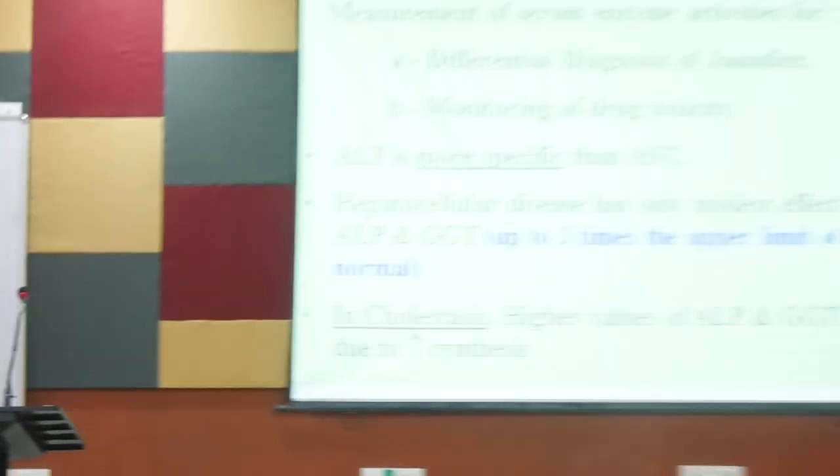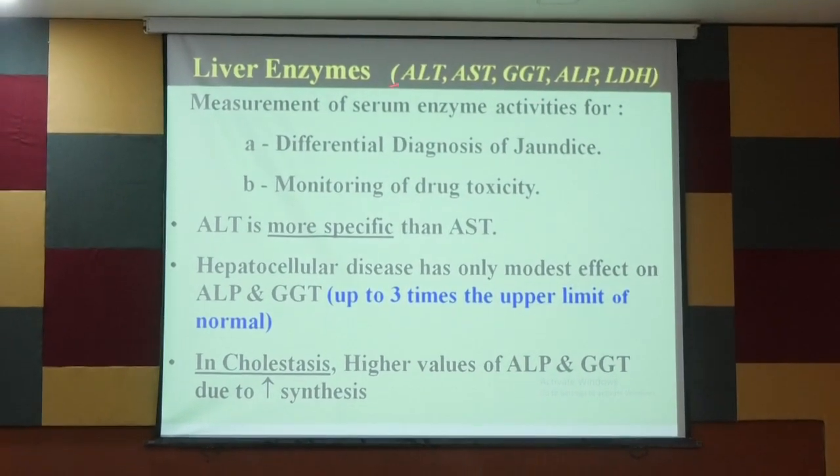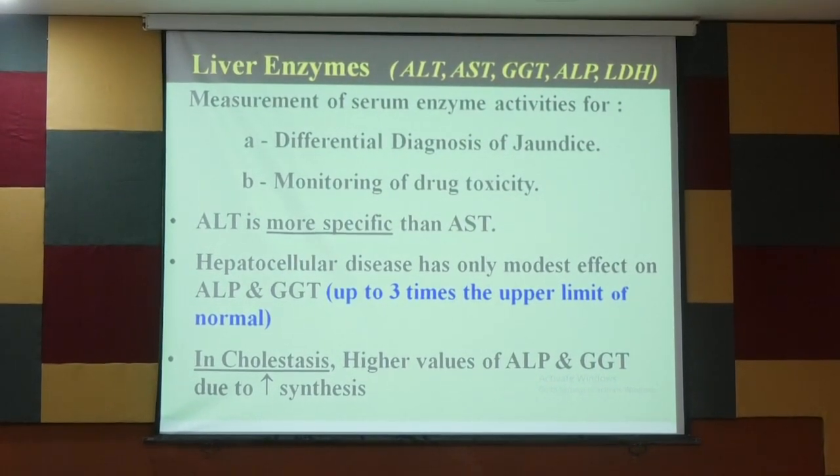Now these liver enzymes are used as a tool for detection of the type of jaundice. By this time, I think you should know there are three types of jaundice: pre-hepatic, hepatic or hepatocellular, and post-hepatic.